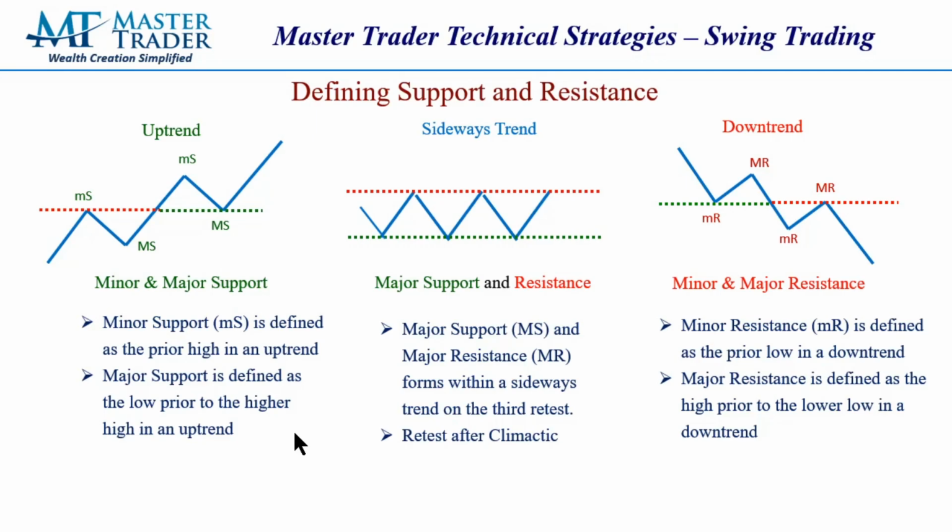As prices are trending, and we see that they are, we've defined our major support points as the point where prices have made a higher high. In other words, they've taken out the prior high here. Once they've taken out the higher high, we've defined that as minor support.